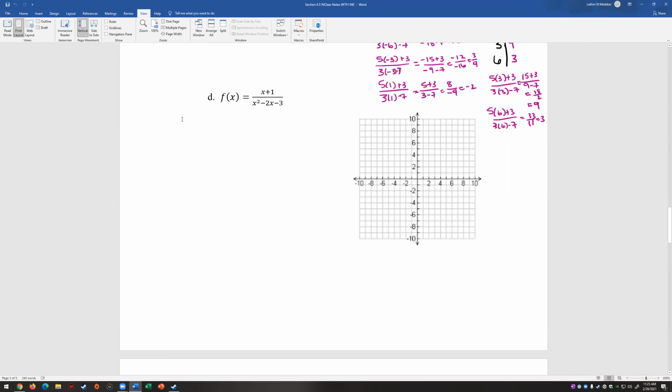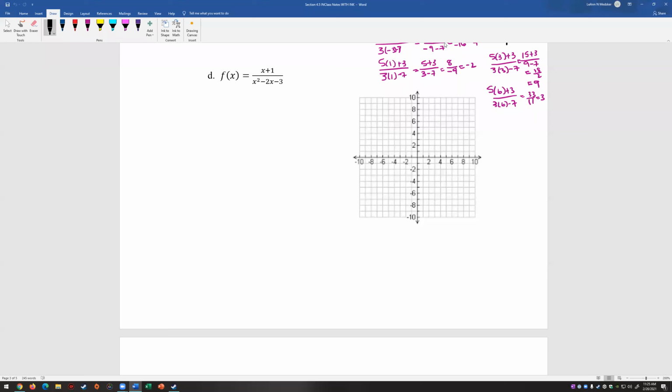So remember, when we look at these problems, what are we trying to find? We had a list of things that we wanted to find. We wanted to know the domain of the problem.